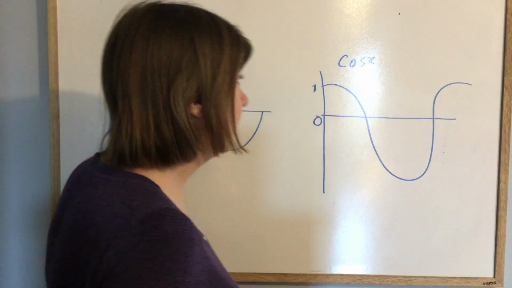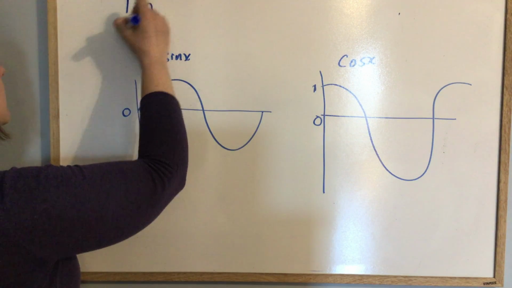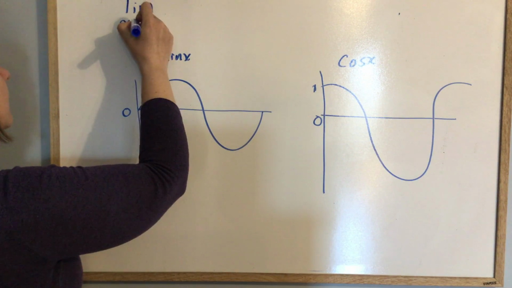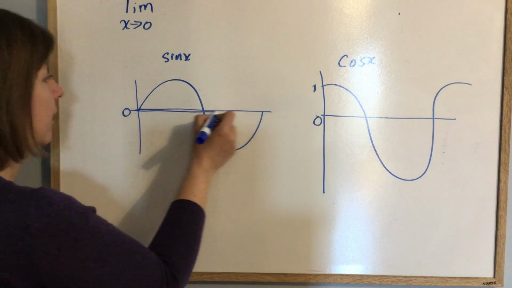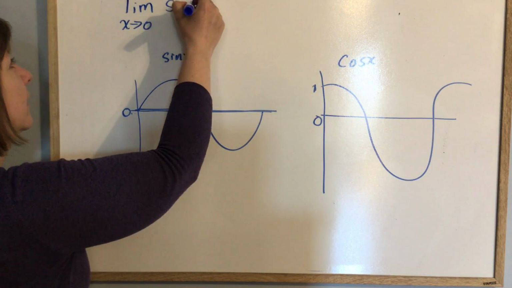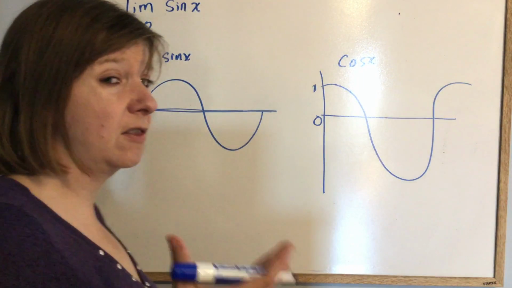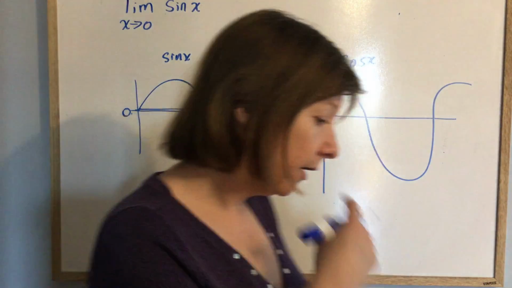So the first limit they talk about is, what is the limit as x approaches 0. So here's my x, here it's approaching 0, for sine x. Now they don't use x, they use theta, but it doesn't really matter, okay?